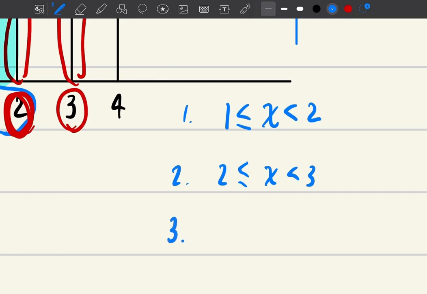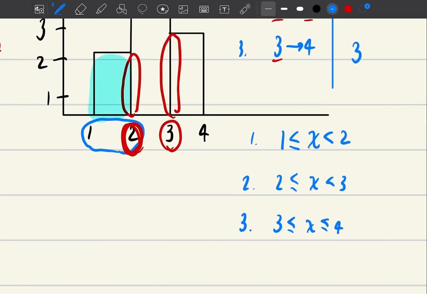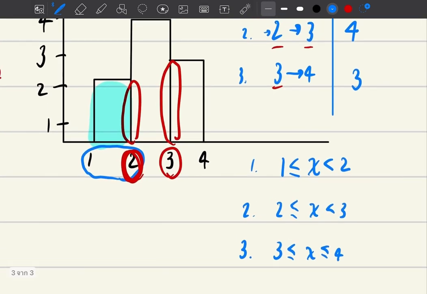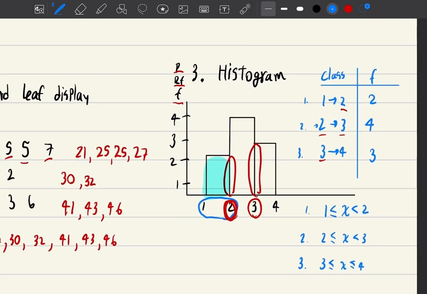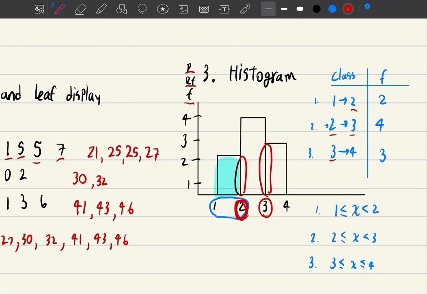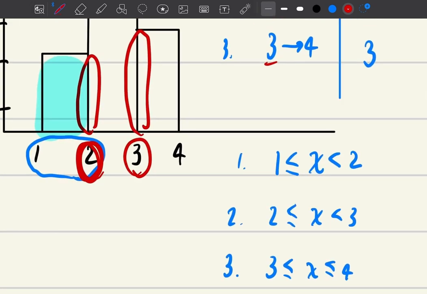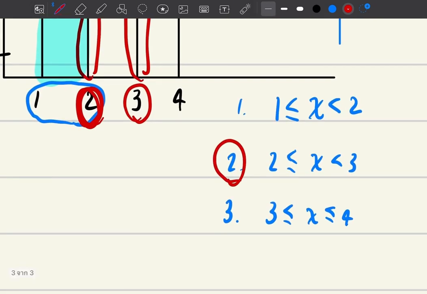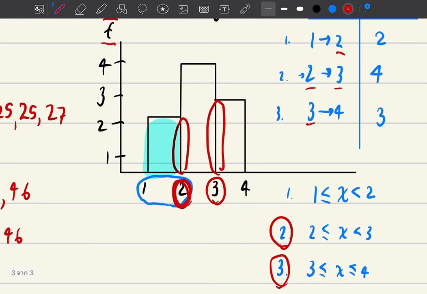And the last one is 3 less than or equal to x less than or equal to 4, so we're going to include 4. So 2 is going to be in the second class, and 3 is going to be in the third class of the chart.